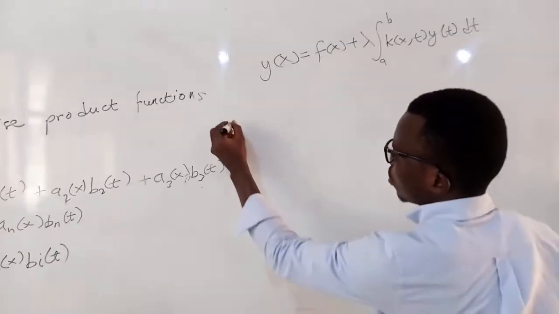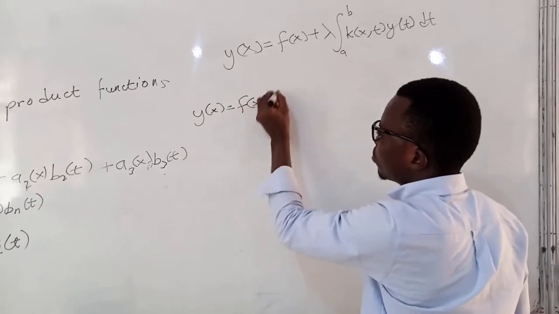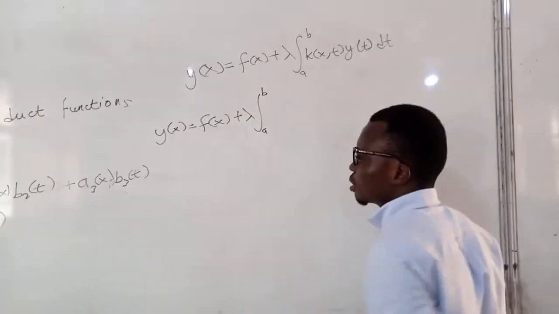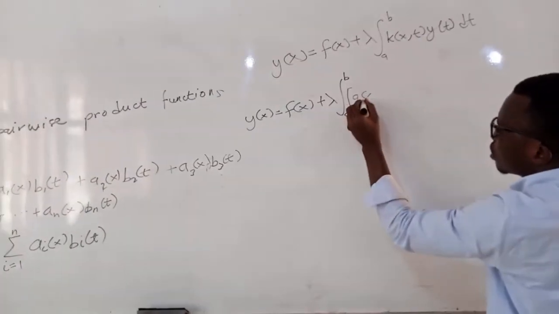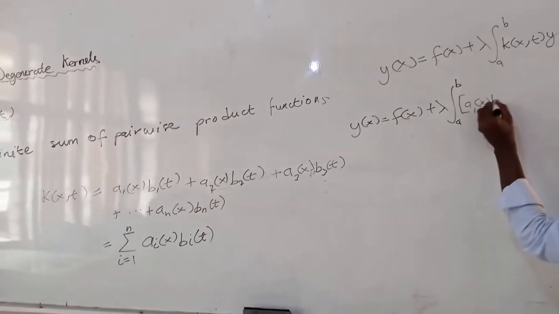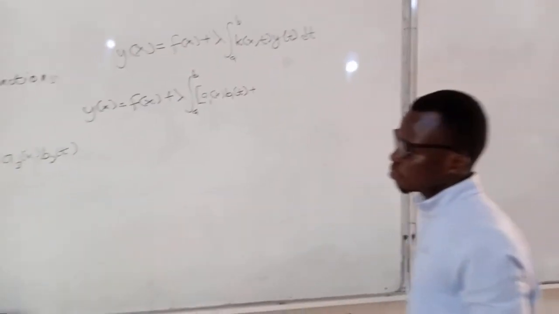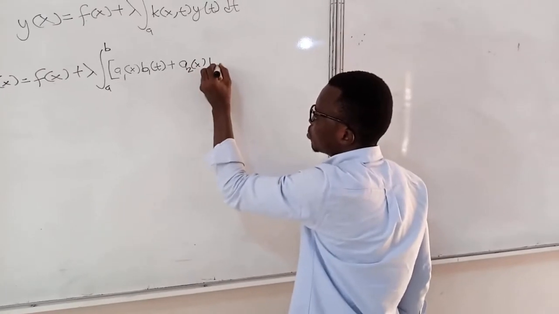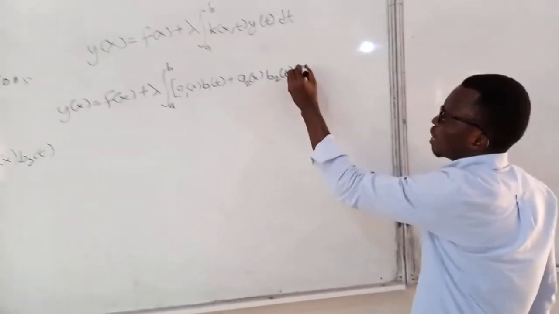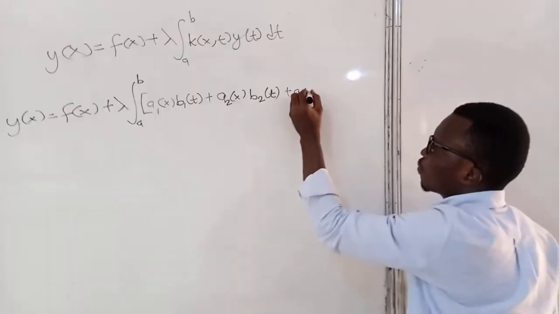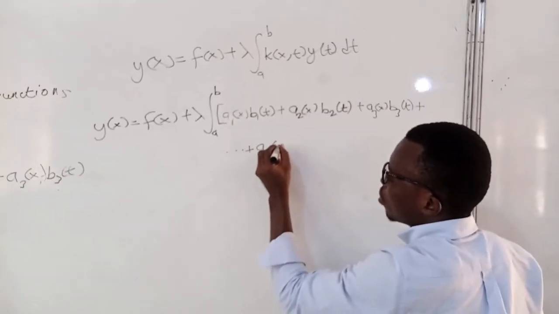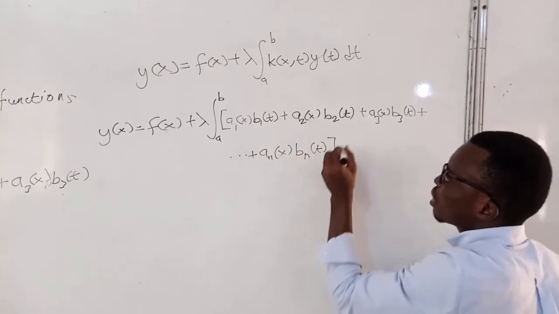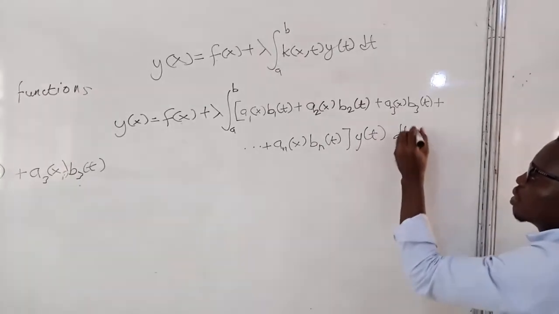So we're going to have y of s equal to f of s plus lambda integral from a to b, in a big bracket, a1 of s, b1 of t, plus a2 of s, b2 of t, plus a3 of s, b3 of t, plus up to an of s, bn of t, then y of t dt.